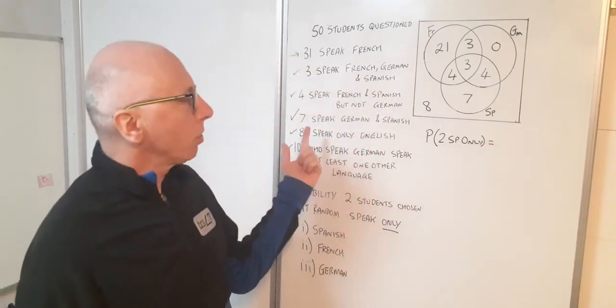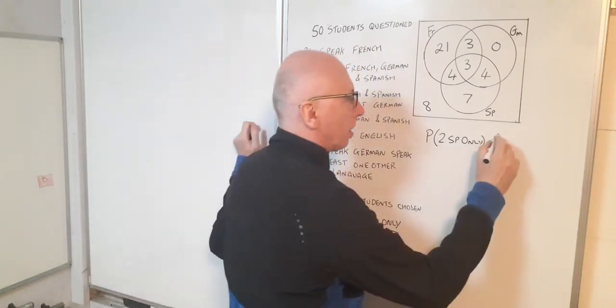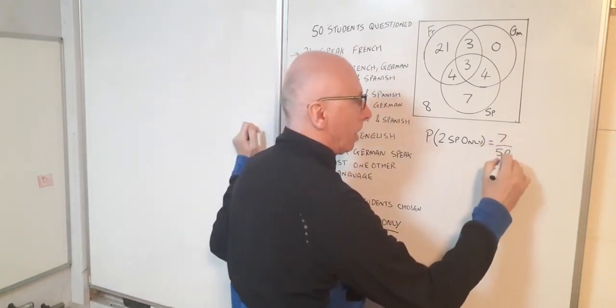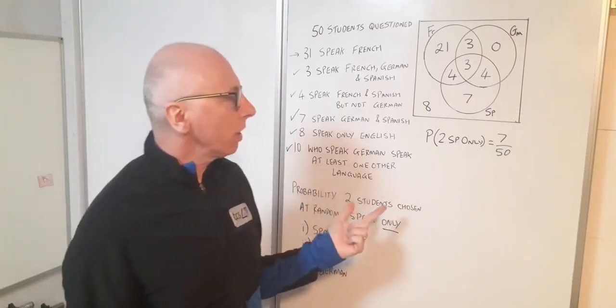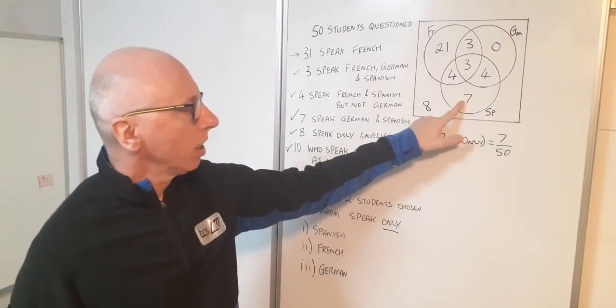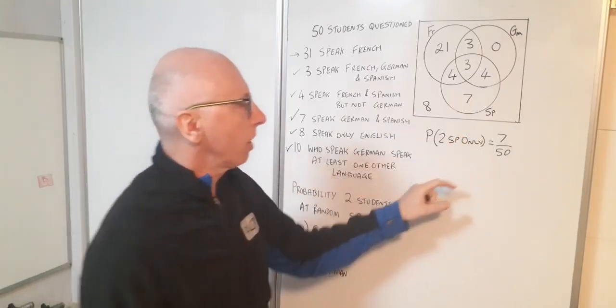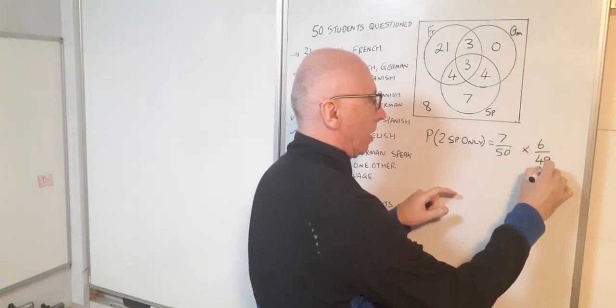First person chosen at random will be 7 out of the 50. And then when I come to choose my second person, there'll only be 49 students left and 1 less who speaks only Spanish. So then I've got to multiply this by 6 over 49.